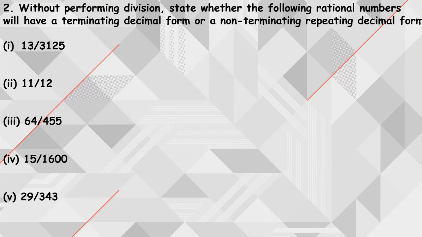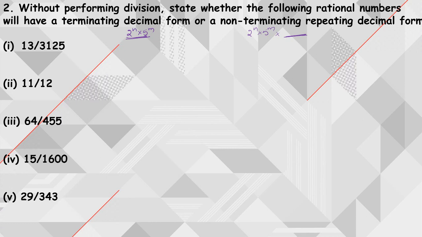If the denominator contains 2 power n into 5 power m form, then we can clearly say that it is a terminating decimal. And if you have any other prime factors besides 2 and 5, you can say that it is a non-terminating repeating decimal, right?